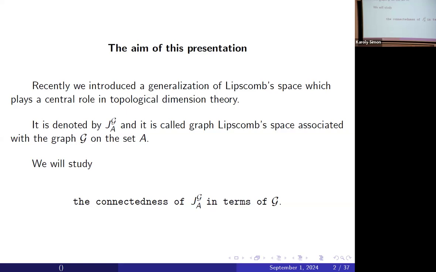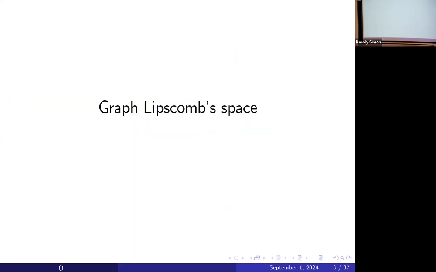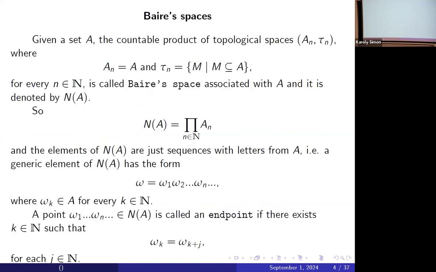Then we are going to have a topological copy of the graph Lipscomb space inside the space little l2. And finally, this copy will be presented as a fractal set. And this will give us the opportunity to see when it is connected. So let me start by introducing the graph Lipscomb space.